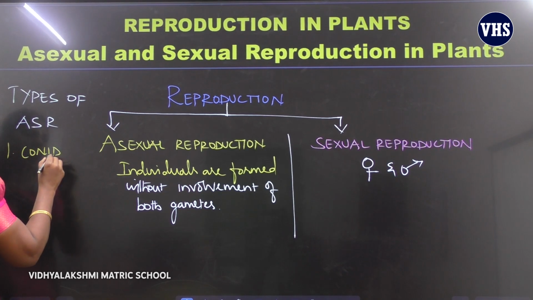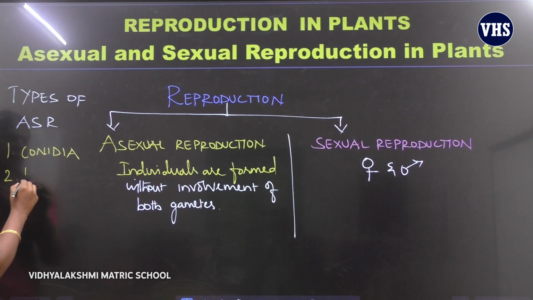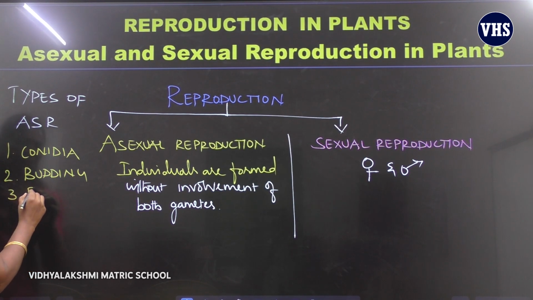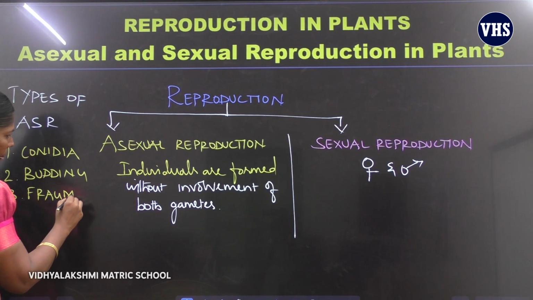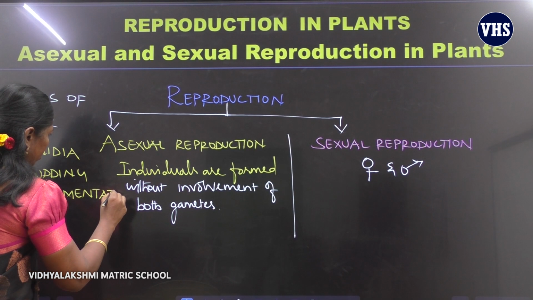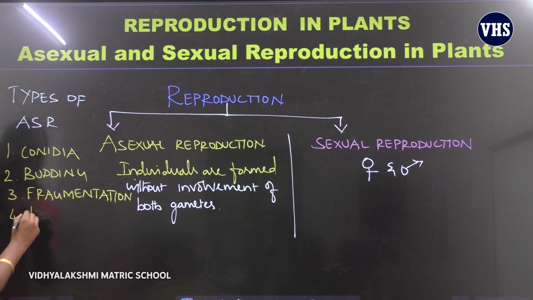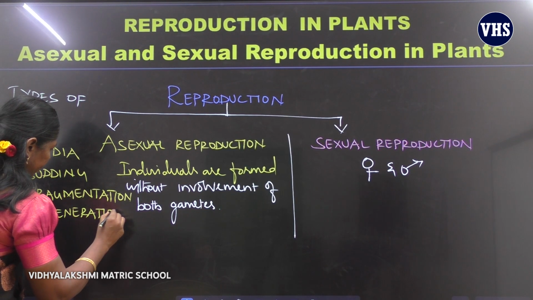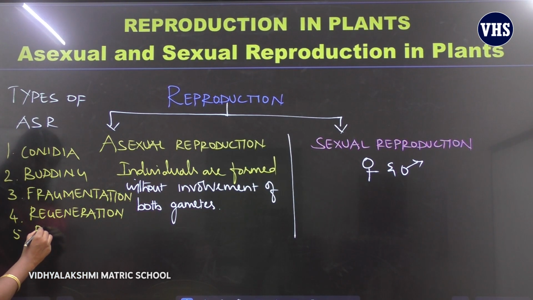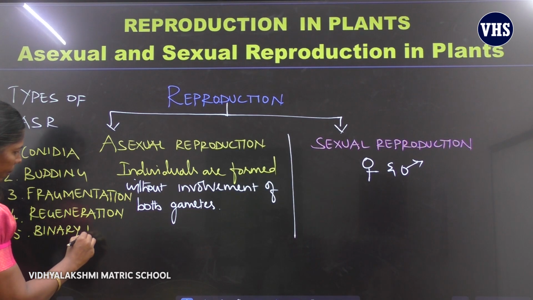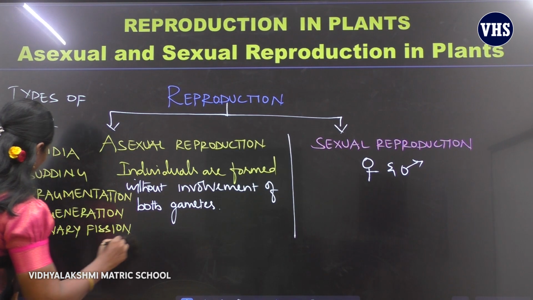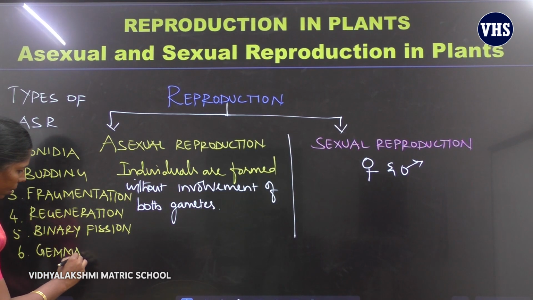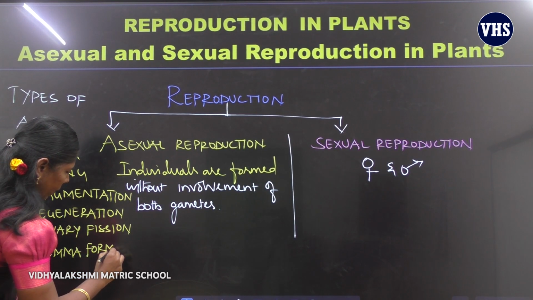We are going to study about conidia formation, and the second one is the budding method, and the third one is fragmentation, and the fourth one is regeneration, and the fifth one is binary fission, and the sixth one is gemma formation.